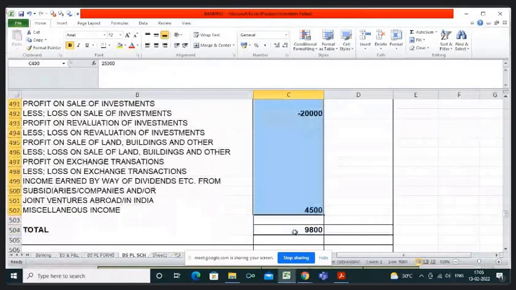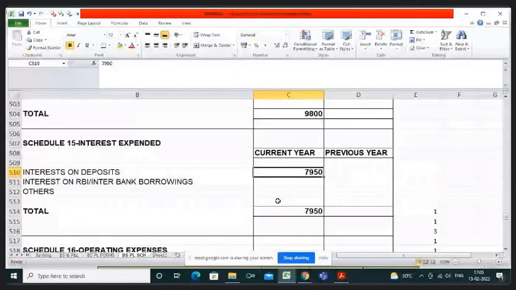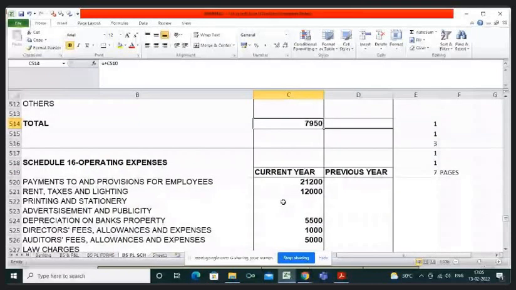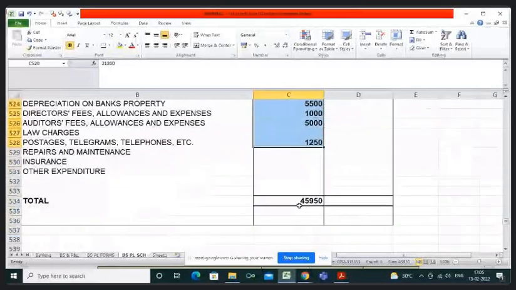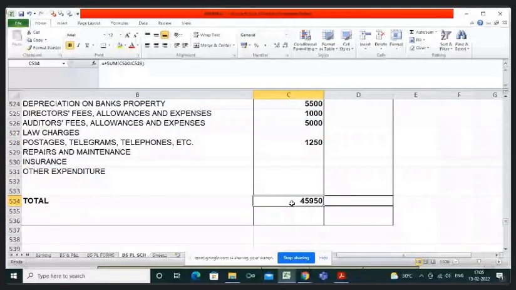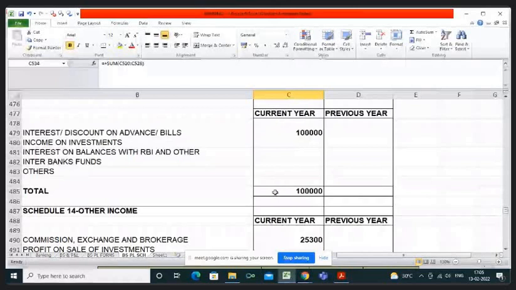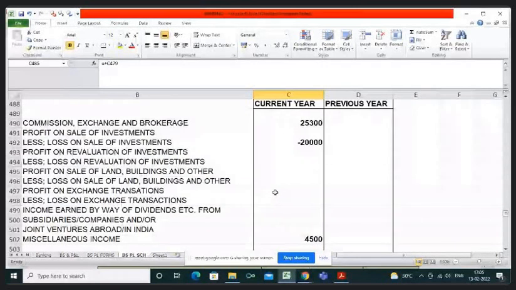And Schedule number 15, only one item, total is 7,950. Then Schedule number 16, several items are there and the total is 45,950. So then what we have to do, we have to take these totals to the profit and loss account. 100,000, 9,800, 7,950 and 45,950.